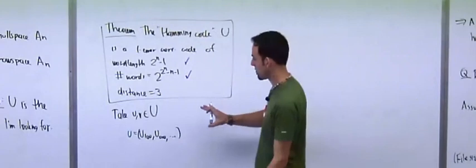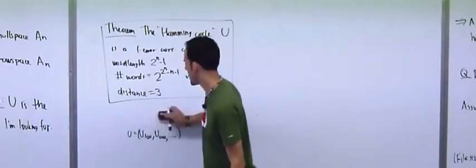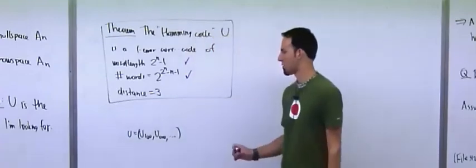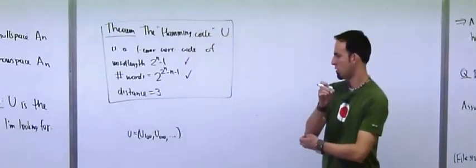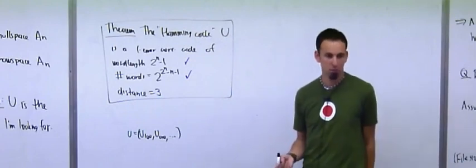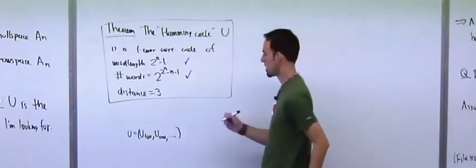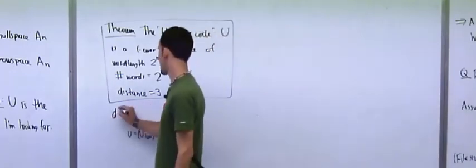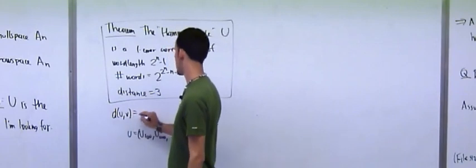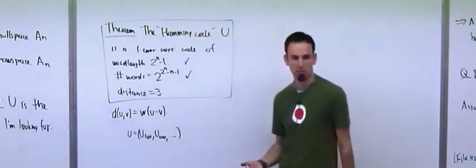And I'm going to now. Actually, I'm not going to take U and V to be in U, because remember, for a linear code, the minimum distance is the minimum weight of a word. Remember we said last time that the distance between U and V is just the weight of the word U minus V, which is in the code because this is a linear code.